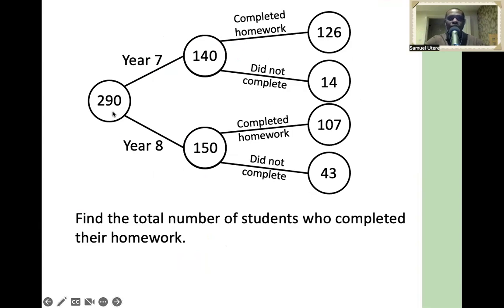Now you can see, going down the year 7 arm, 126 students completed homework for year 7, and year 8, you can see 107. So to find the total number of students who completed their homework is 233. So 126 plus 107, which is 233.